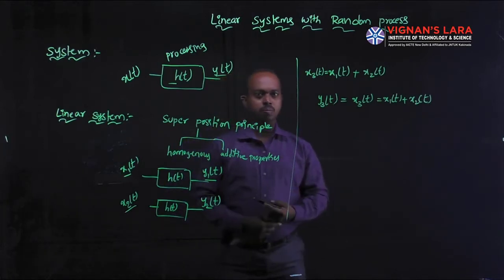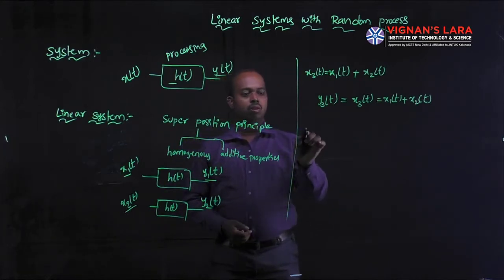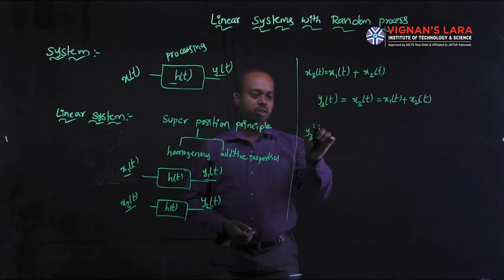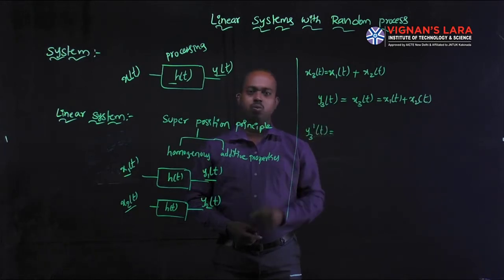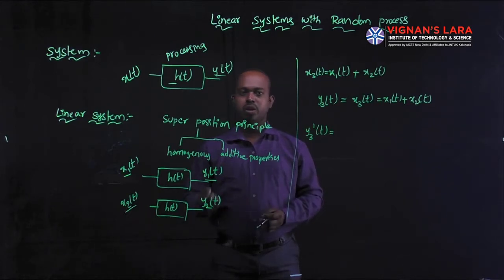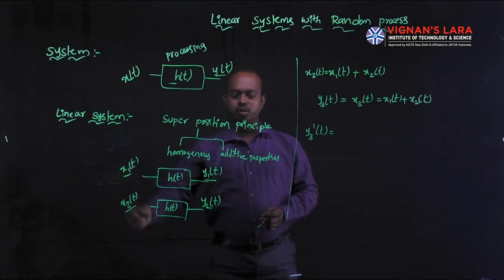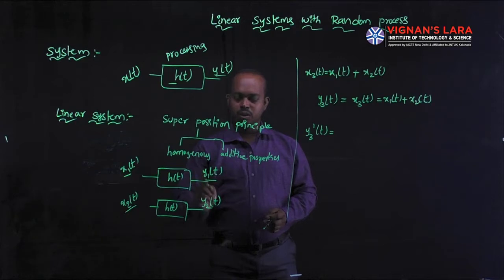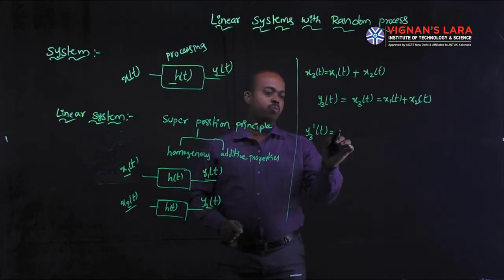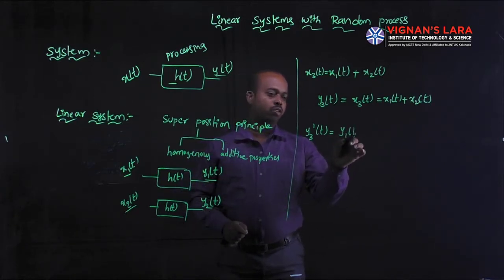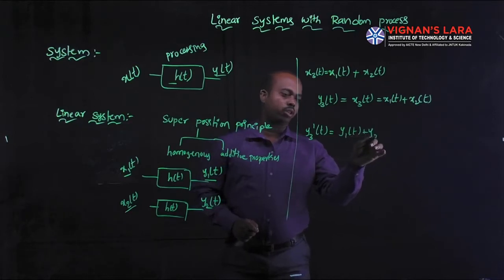In the fourth step, we treat y3 dash of t as equal to the sum of the individual responses of each system on applying the individual inputs x1 of t and x2 of t. Here the responses are y1 of t and y2 of t. Those responses we are adding: y1 of t plus y2 of t.